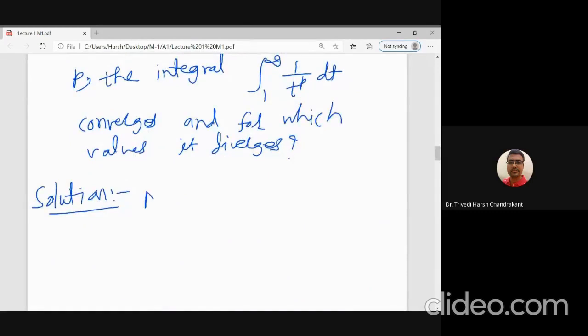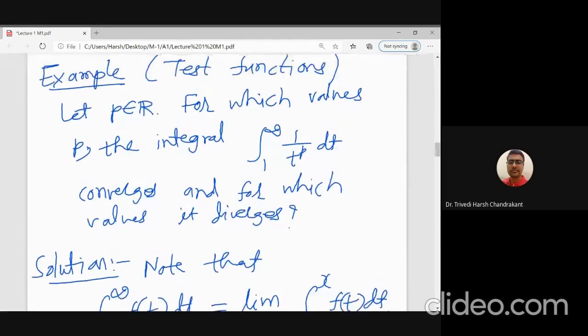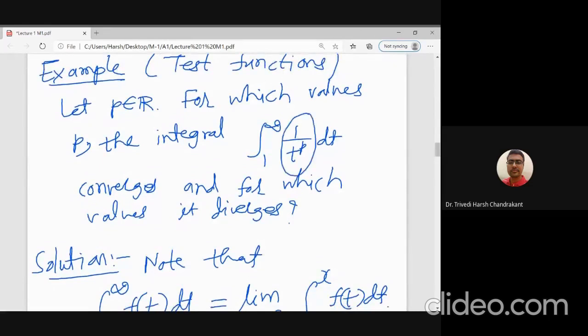So first, let us write down the formula. The integral from 1 to infinity of f(t) dt is the limit as x tends to infinity of the integral from 1 to x of f(t) dt. So here, which function are we integrating? We are integrating the function 1 divided by t power p.